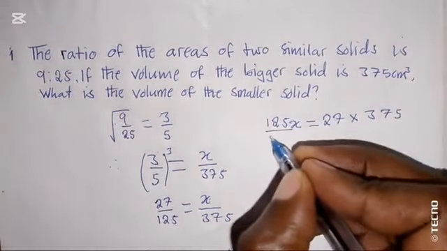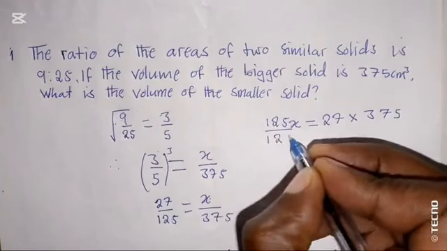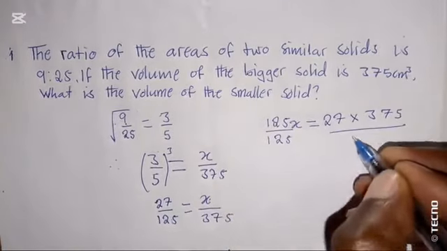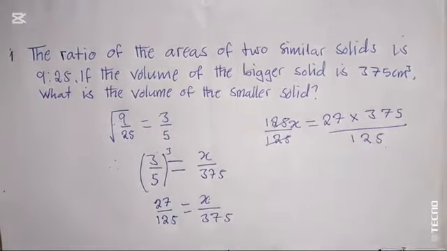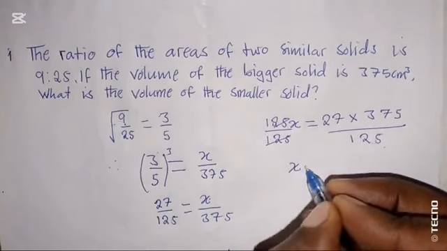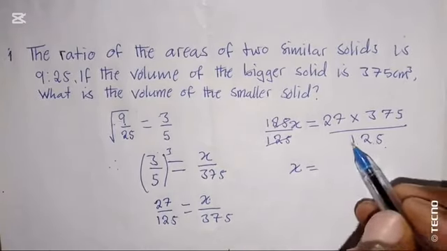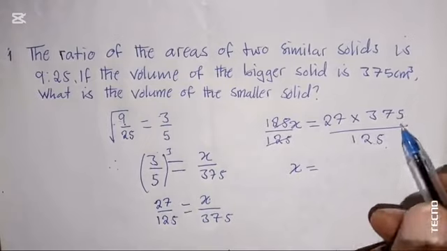So it's over 125. Even this side it's 125. So this side and this side will reduce to x equal to, and we look for a number that can go into this and into this one.